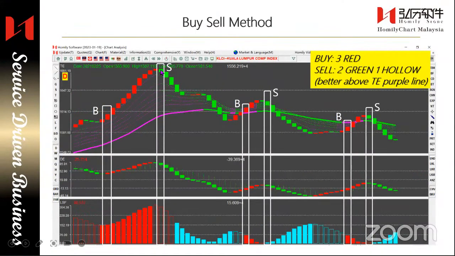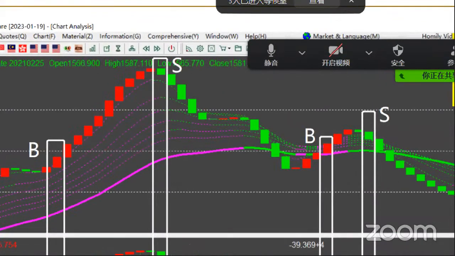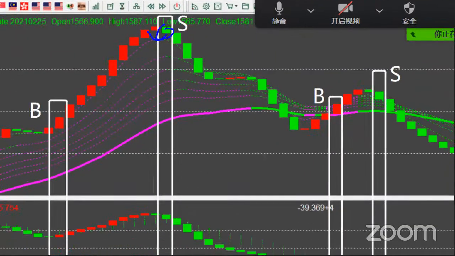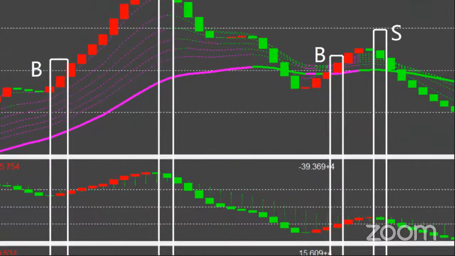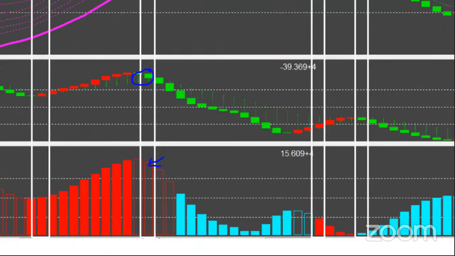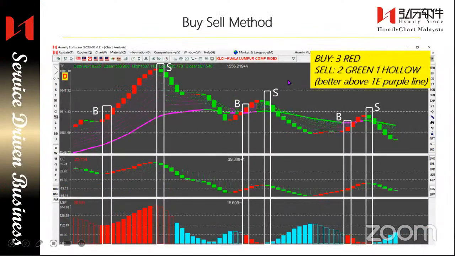If you buy in, then where is the sell point? The sell point is called the two green, one hollow. Two green means, you see this one, red turns to green. The second indicator is also green. The third indicator is hollow red. So two green, one hollow. This is called the sell point. It's very simple to follow.